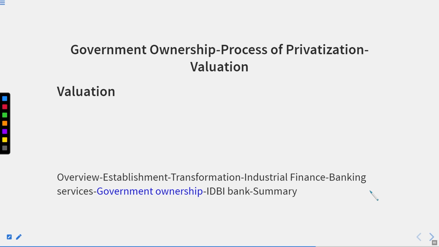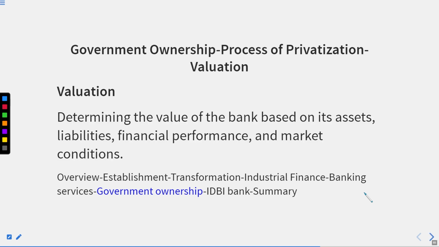Thereafter, what we have is the valuation. In the valuation part of the privatization process, we determine the value of the bank based on its assets, liabilities, financial performance, and market conditions. Right now, we have seen that the government was trying to attract private players.